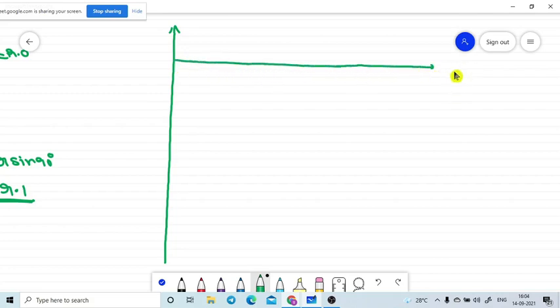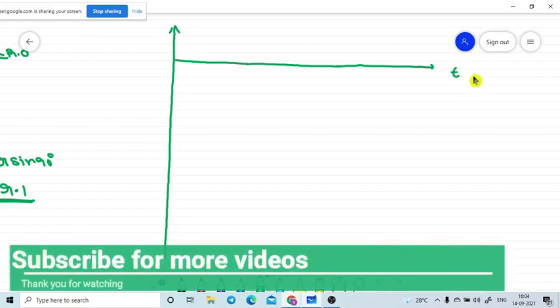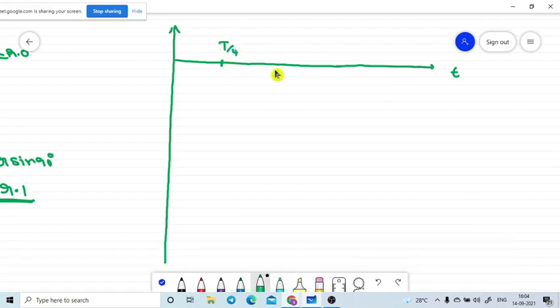Let me take, this is the time axis of the graph. We are taking 4 equal intervals of time. The first part is the t by 4 part, the second part is the 2t by 4 part, the third part is the 3t by 4 part, the fourth part is the t value. So that is the initial state 0.